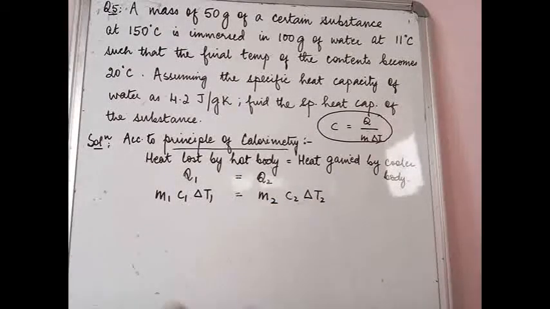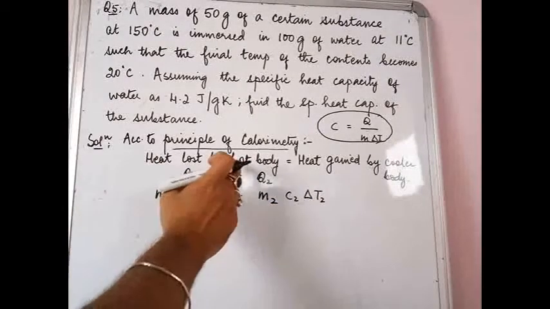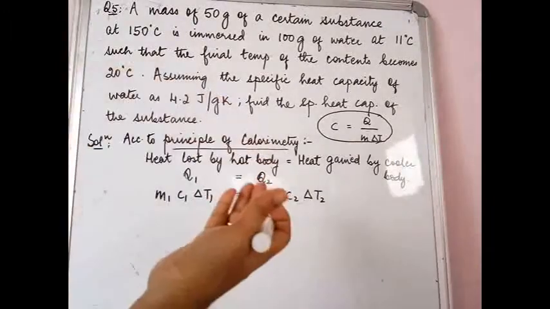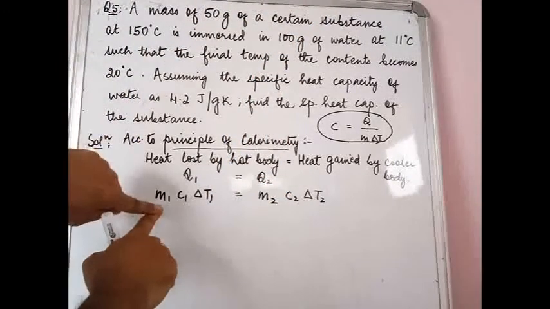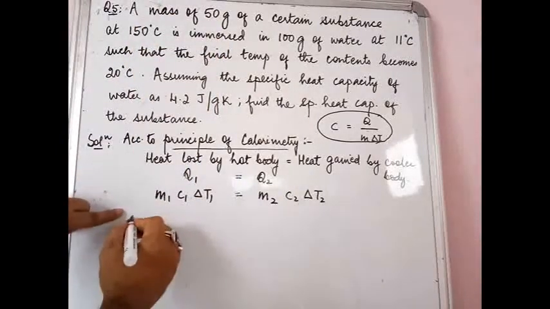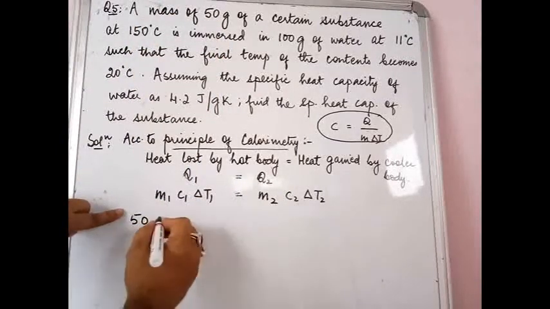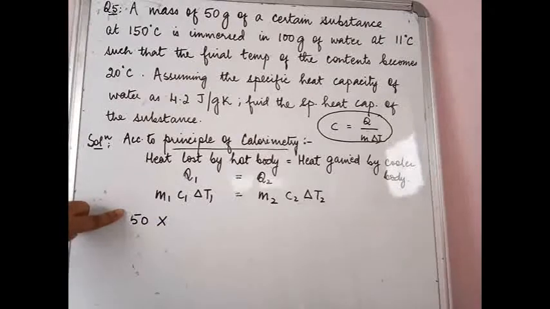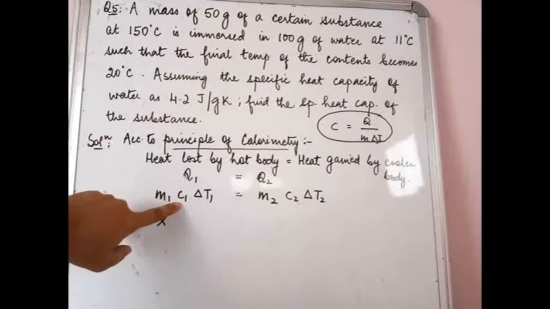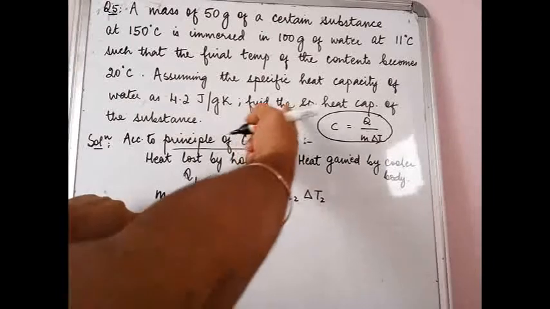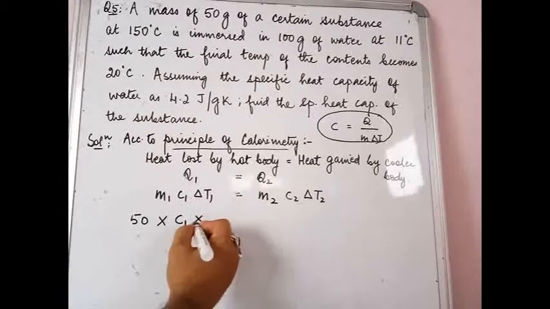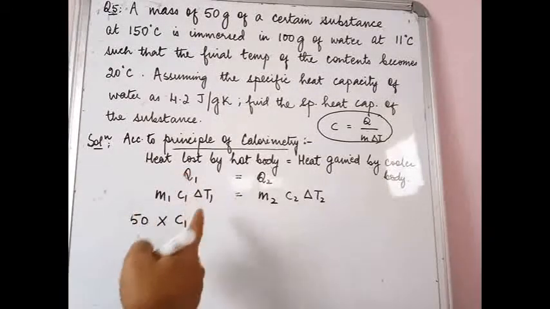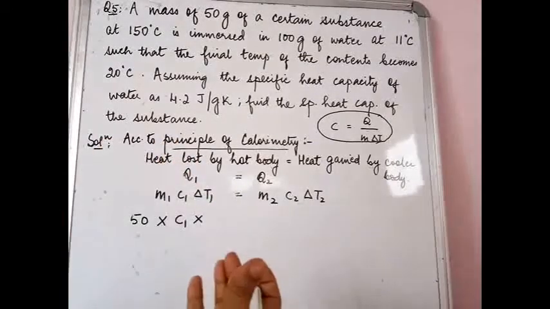Please remember, on the left side is the hot body. Which is the hot body? The substance. About the substance, what is the mass of the substance present? The mass of the substance was 50 gram multiplied by c1. So c1 again is the specific heat capacity of the substance, which we have to find out. So we will keep this as c1 multiplied by delta T1. Delta T1 means the change in temperature.